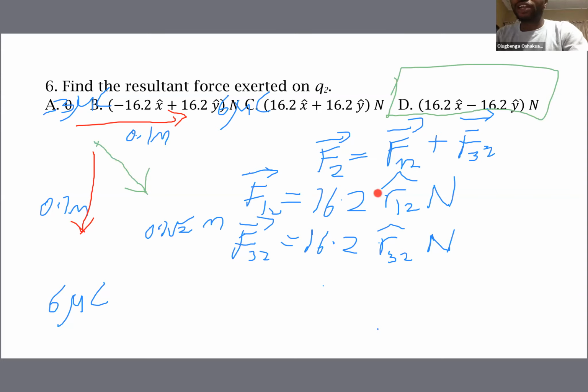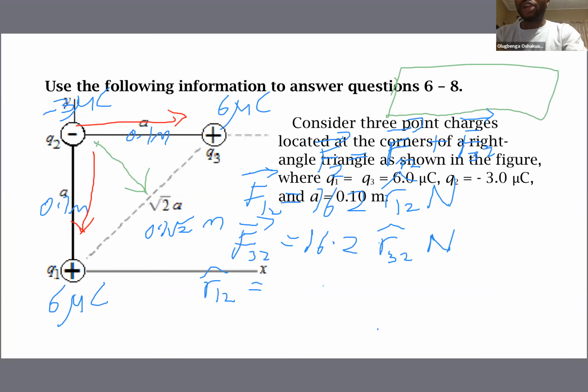R12 and R32. R12 caret is equal to, it tells us the direction with which the force is being exerted. And when we look at this diagram again, R12 is the direction of the force with which Q1 is being exerted on Q2.